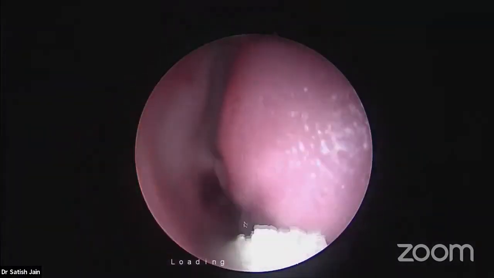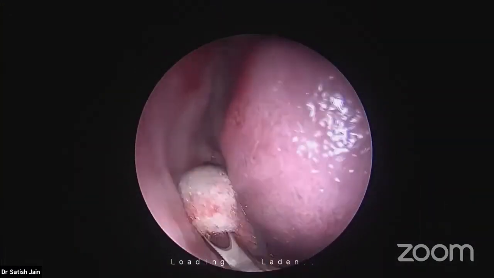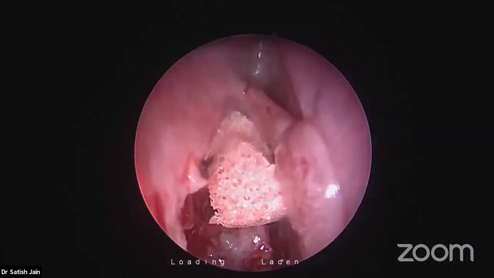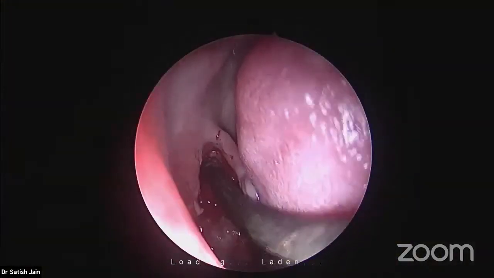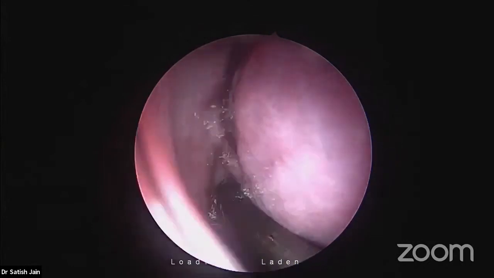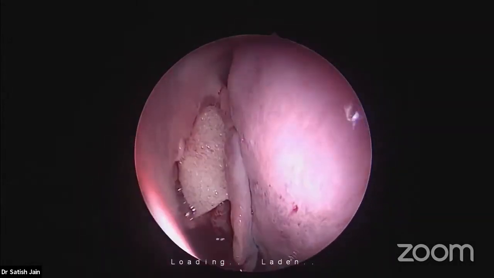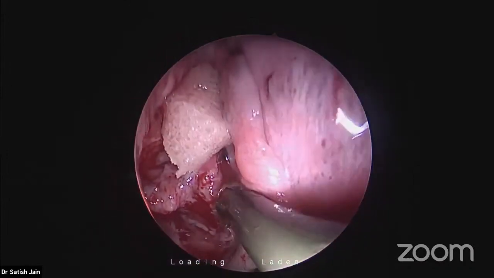And now what Dr. Kranti is asking about the suprabullar cell means the bulla is not ascending to the skull base. It is not protecting the anterior ethmoidal artery now, because the anterior ethmoidal artery runs along the skull base and the bulla is not reaching there. And there is a cell there. So then the anterior ethmoidal artery remains unprotected.